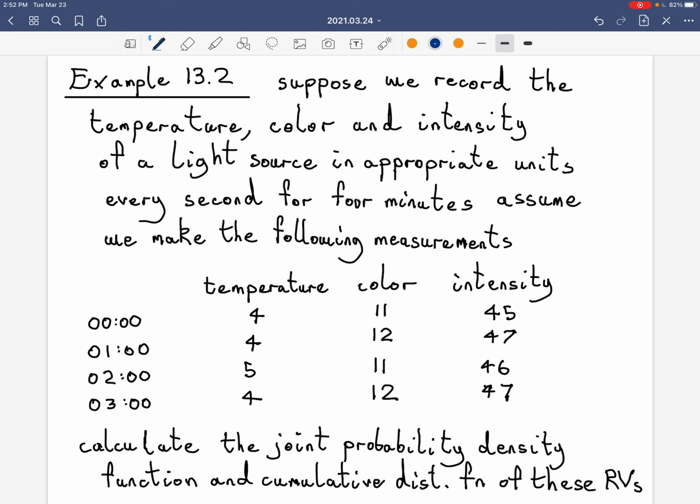We want to consider the temperature, color, and intensity of a light source in appropriate units every second for 4 minutes, and we assume we make the following measurements.